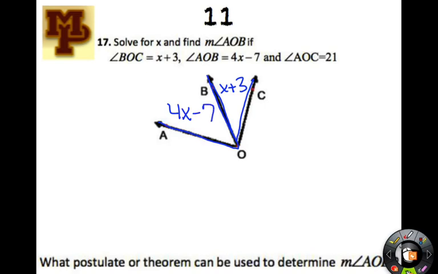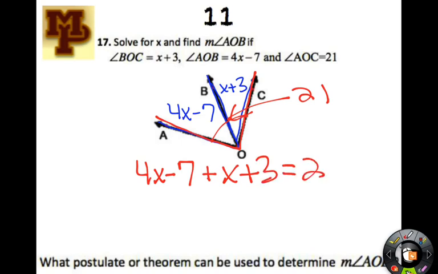And it says that the whole thing, the big angle, is 21. Doesn't it make sense that if you add up the two pieces of the angle, it would equal the whole thing? I hope so. So we're going to add those together: 4x minus 7 plus x plus 3 equals 21.